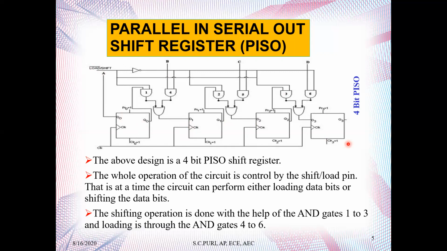The shifting operation is done with the help of AND gates 1 to 3 and loading is through AND gates 4 to 6. I will explain it. Suppose you put here 0, or rather ground it. What will happen? If you put here 0, load bar will be 1.